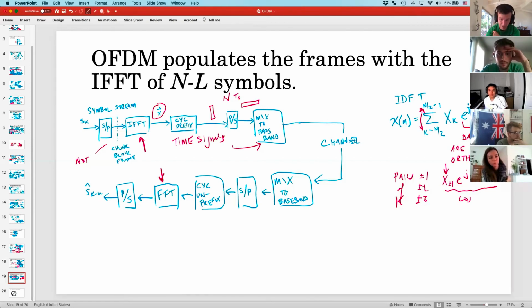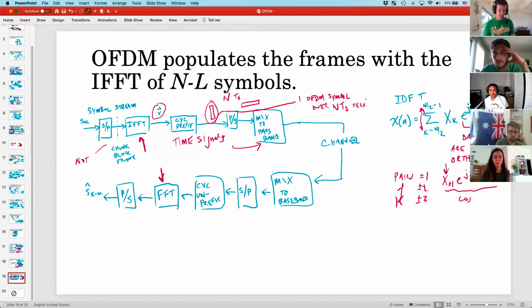So the idea is you take a bit of a zoom out on your data rate and say that we're sending one OFDM symbol, which again, an OFDM symbol is this guy, which is an array of what we would call symbols, every nTs seconds, which means the longer your frame is, the longer the OFDM symbol is given to pass through the channel.